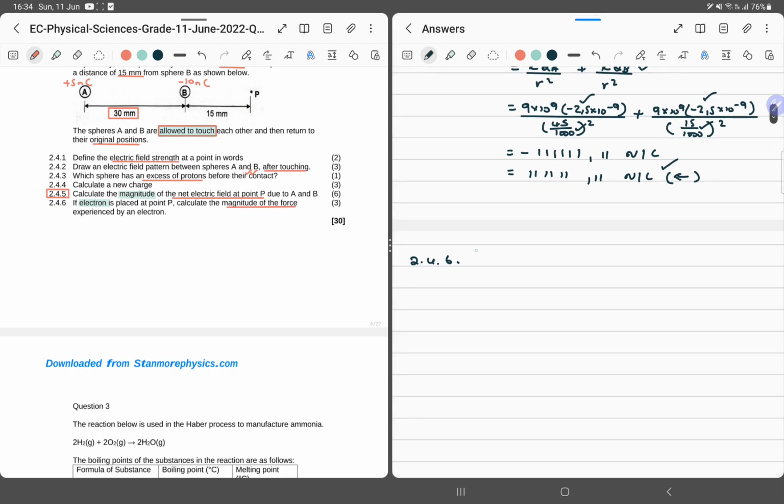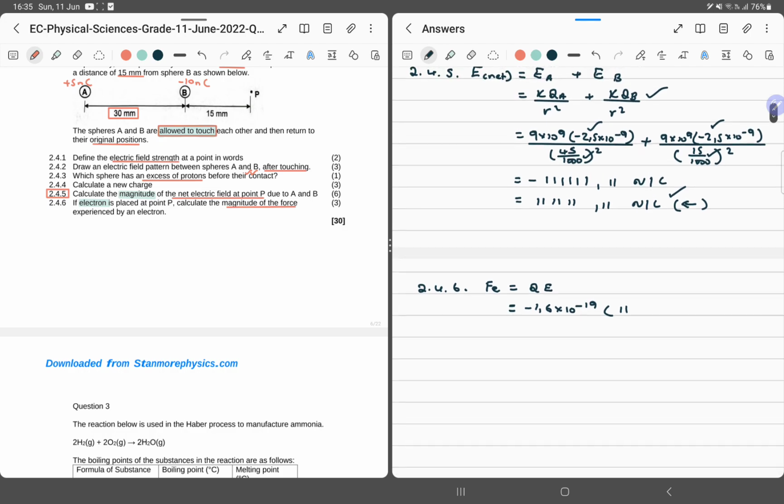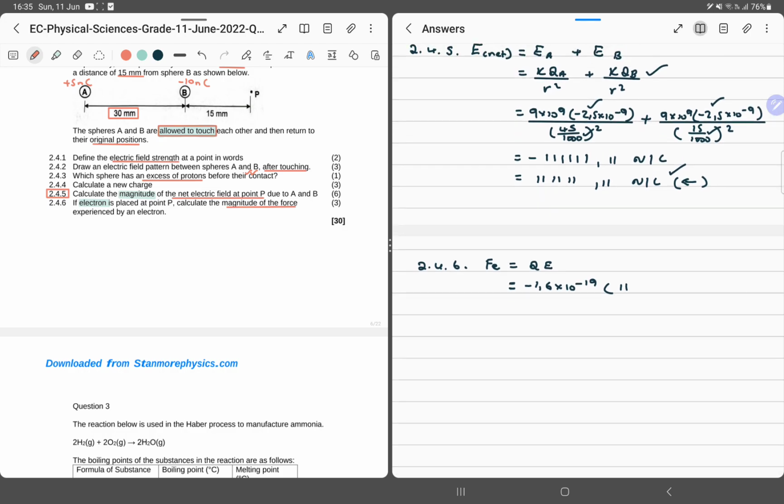So we know that Fe is equal to QE. So look, we worked this thing out already. What is the charge on an electron? It is minus 1,6 times 10 to the minus 19. So into this electric field strength at P, we calculated it, didn't we? Yes, we did.